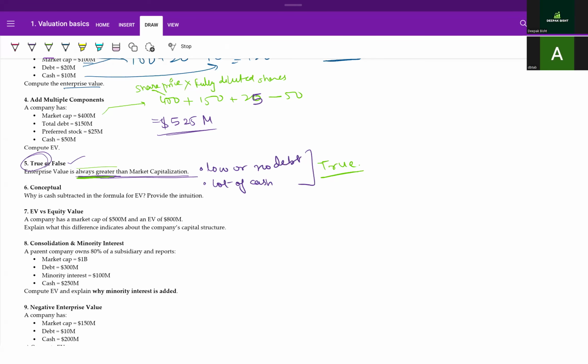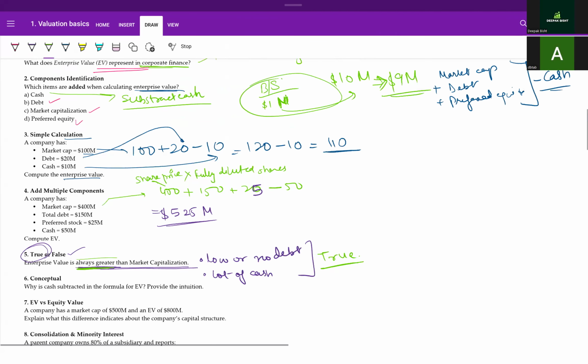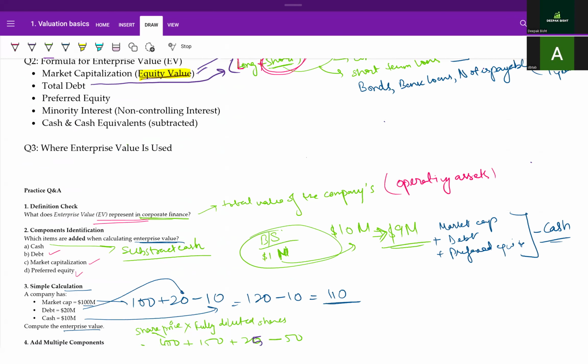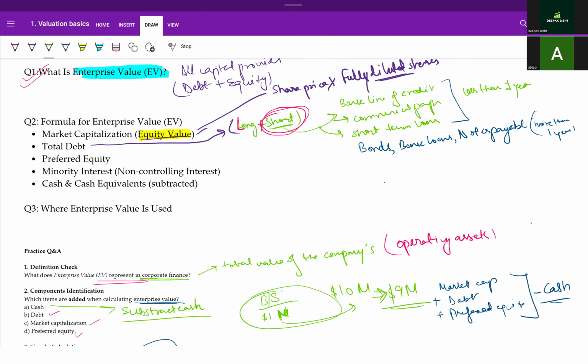Low or no debt, a lot of cash. Now understand this thing. Let me go to the formula. If there is no debt, we are going to scratch it off, and there is a lot of cash. If the market cap of the company is 100, and I'm assuming preferred equity and minority interest are not there, and there's a lot of cash, let's assume it's 110.